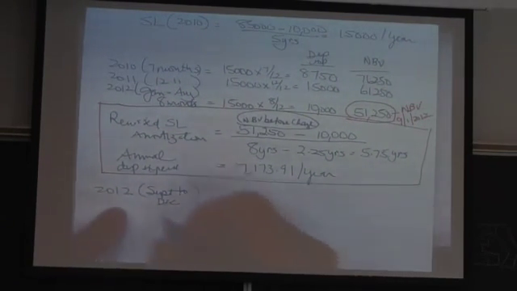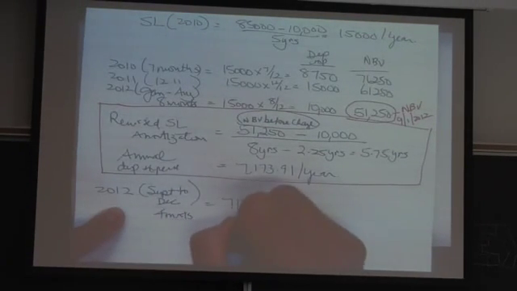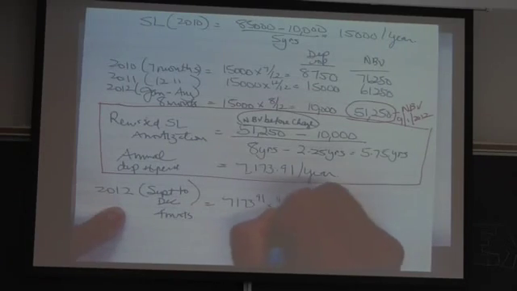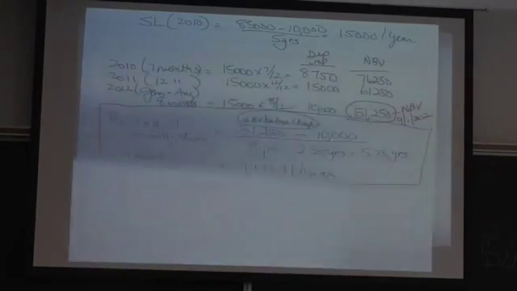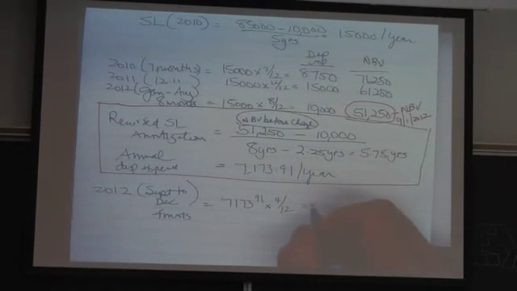Here there are 4 months, so it's 7,173.91 times 4 over 12, which is 2,391.30.